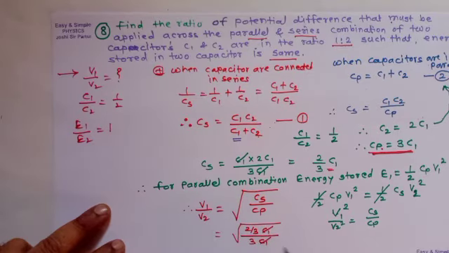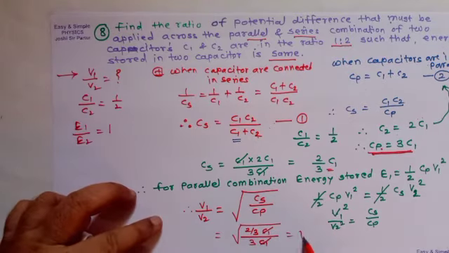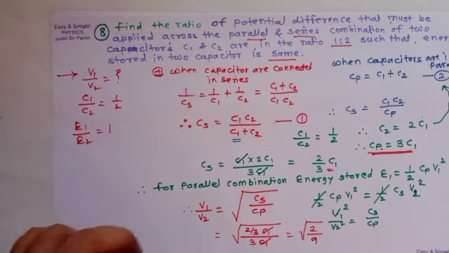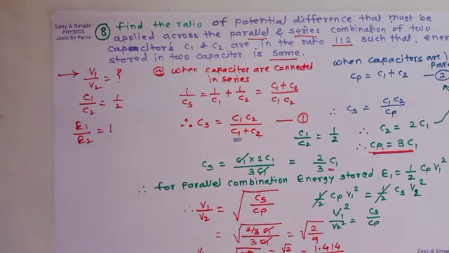First of all, C1 gets cancelled, so it will be 2 upon 9. Or it can be written as square root of 2 upon 3. Square root of 2 is 1.414 upon 3. That is the ratio of potential difference between the two capacitors.